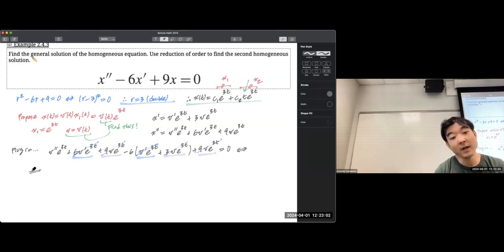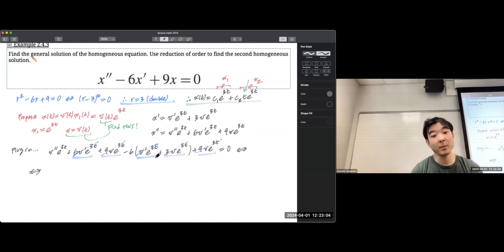Of course, if you don't get your v's to cancel, so all the purple underlined terms, they should cancel in general, which the book proves. The reason you might not be getting them to cancel is if you did the product rule wrong, or if you took these derivatives wrong, x prime and x double prime. So that's a catch.